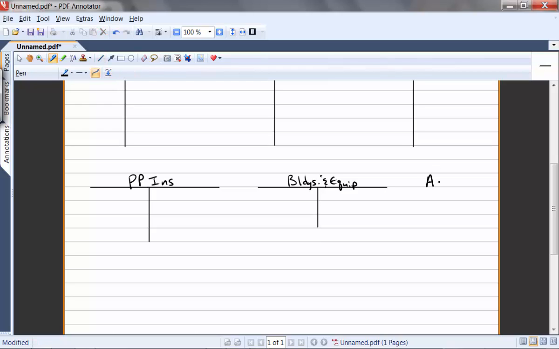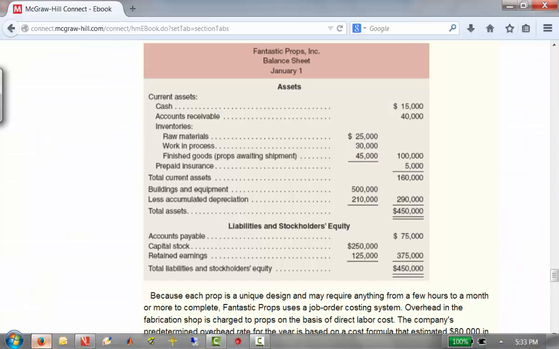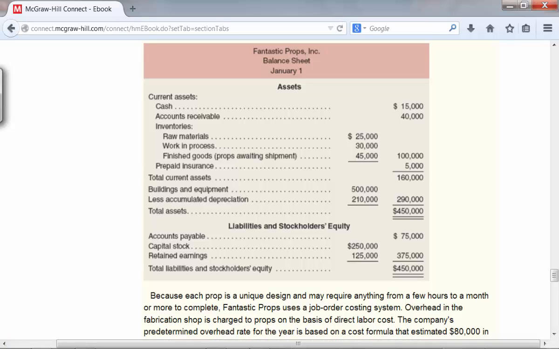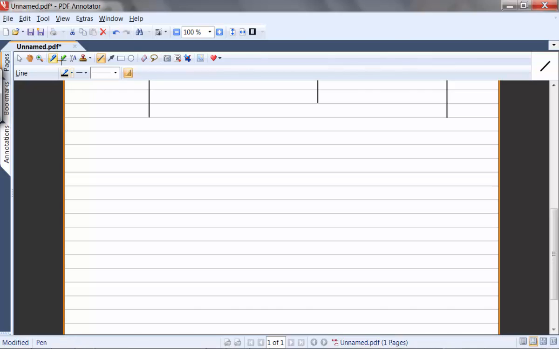And then we have our accumulated depreciation. And what else? We have our accounts payable, and then capital stock and retained earnings. So we'll go ahead and record these.